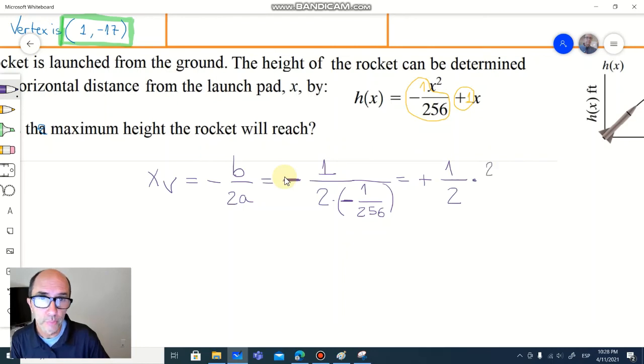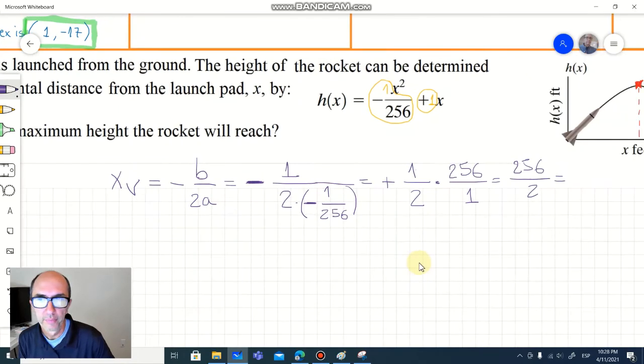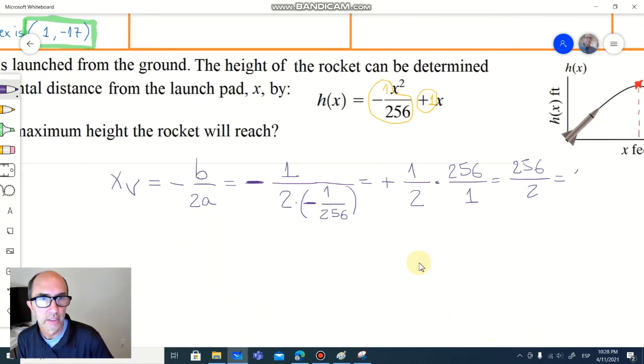This is one of the properties of dividing fractions. 256 over 1. Multiply 1 times 256, 256. 2 times 1, 2. This is equal to 128, right? This is x of the vertex.